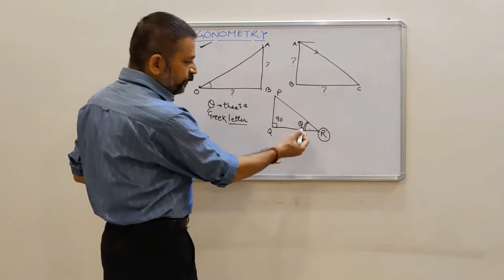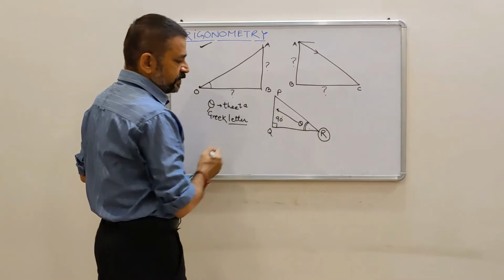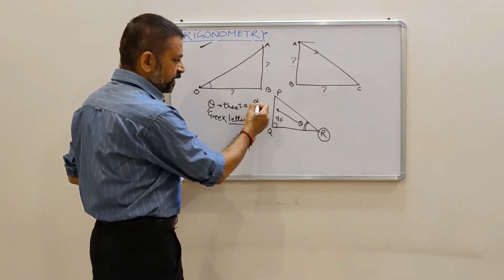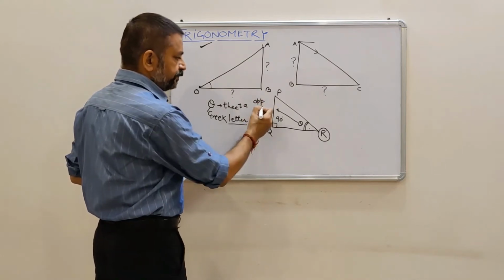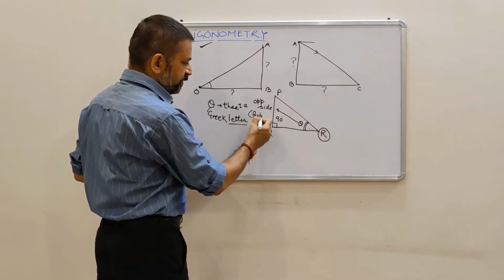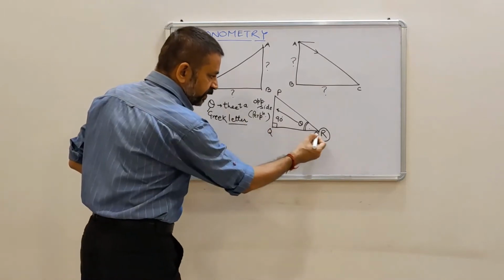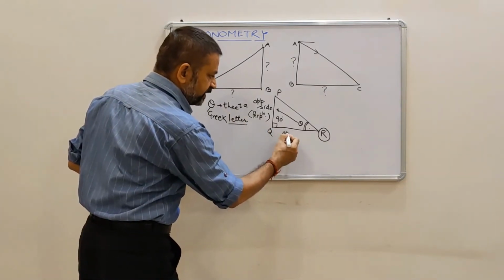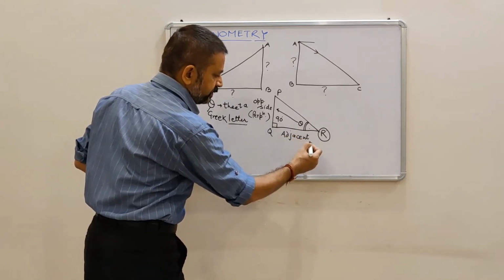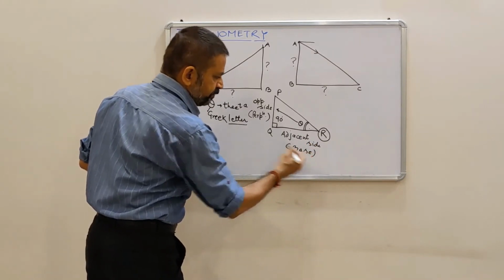If we are considering this angle as theta, then the side opposite to this angle theta, that is PQ, is known as the opposite side, or in some books it is given as perpendicular. This one, QR, is known as the adjacent side, adjacent to this angle theta, or in some books it is used as the base.